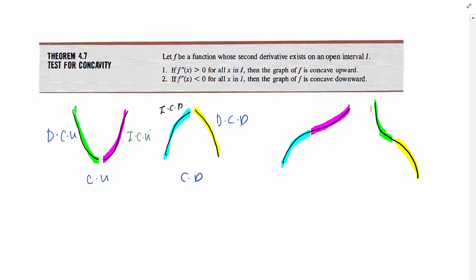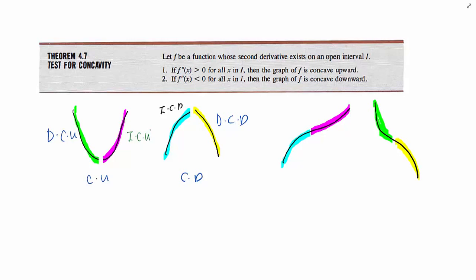So concave up decreasing, and then concave down decreasing. So likewise, if we know concavity, then we can actually make some graph more smoothly here.